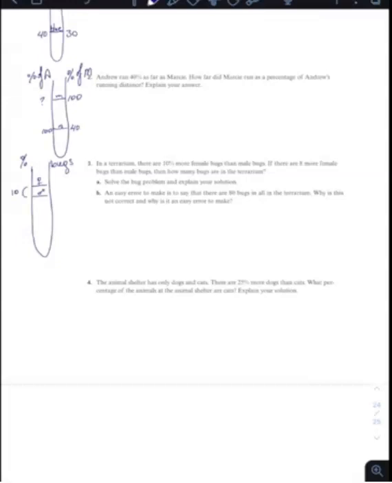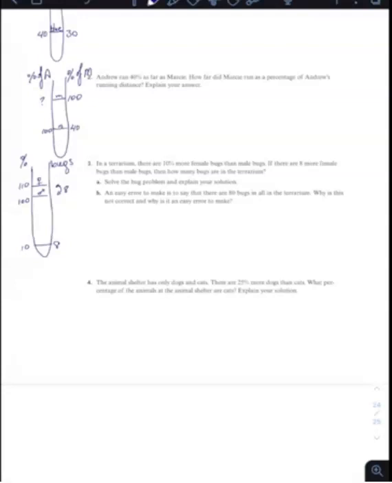More females than males. So the males are 100% and the females are 110%. Now, if there are 8 more females than males, then this distance is 8 bugs. Another way we can write this is that 10% is 8 bugs.